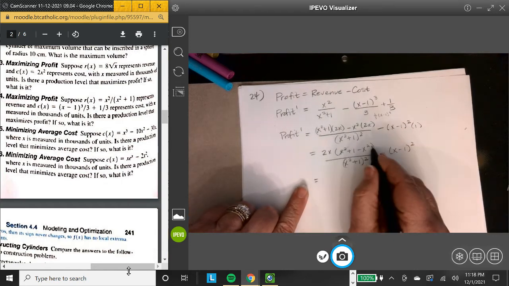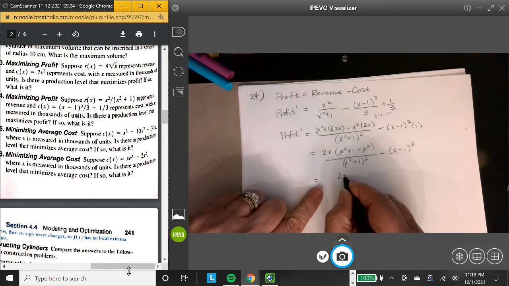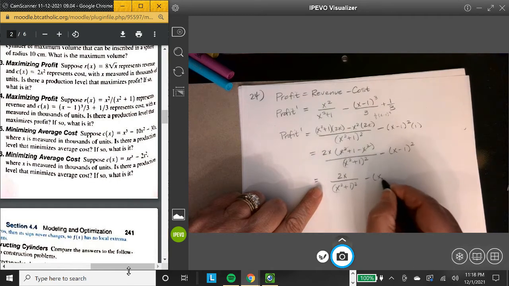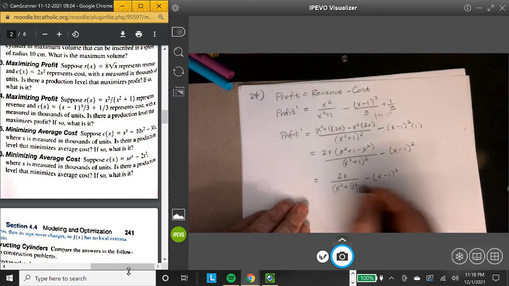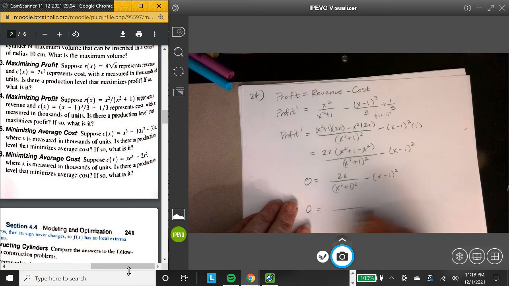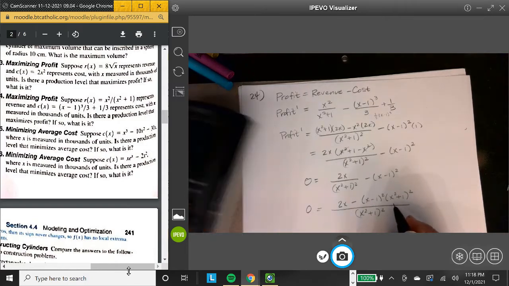So the x squareds are going to cancel, and I'm left with 2x over x squared plus 1 quantity squared, minus x minus 1 quantity squared.